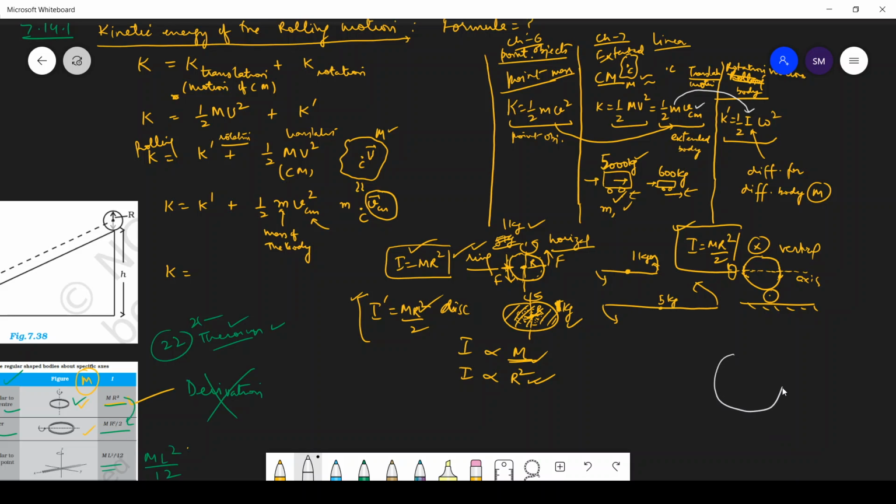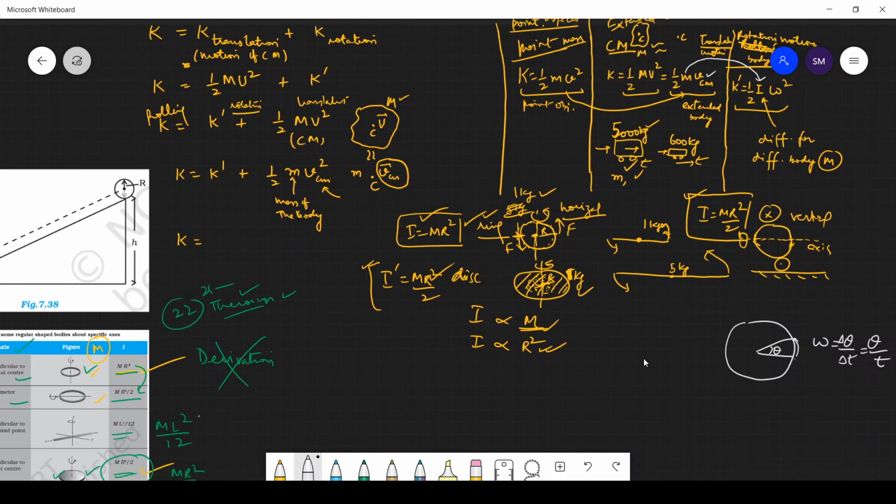Angular velocity is like the particle is at this point and then it has moved from this point to this point, this angle theta. We have done it in circular motion also, I think in the last topic of chapter number 4. There we write the angular velocity as the change in angle, delta theta, and if theta naught is 0, we simply write it as theta divided by t. Okay, so now we have written that.